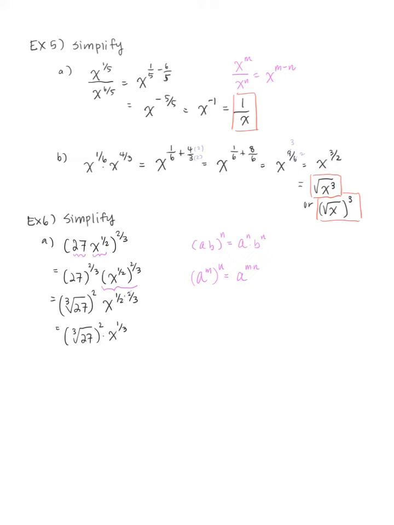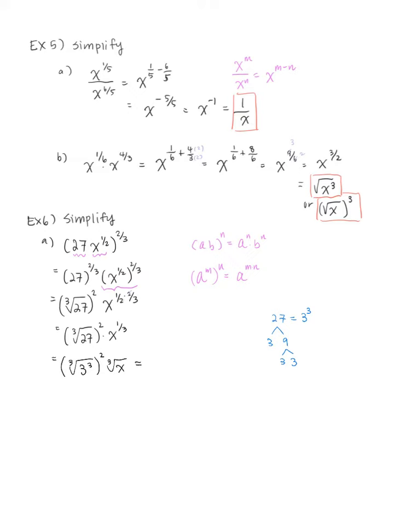So if you don't see it right away, break it down. 27, what goes in? 3 times 9, and then 3 times 3. So 27 is 3 to the 3rd power. So here what we're going to get is cube root of 3 to the 3rd to the 2nd power, multiplying here by the cube root of x to the 1st, which is just cube root of x.